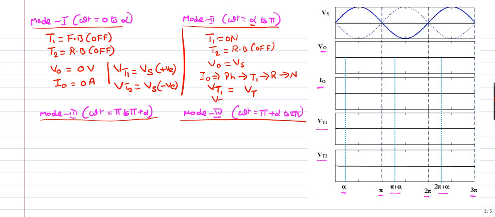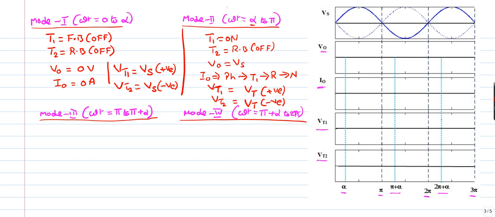What about VT2? T2 is in off state, so it should be Vs, right? But it is not Vs, because T1 and T2 are connected in parallel. So when the Thyristor 1 voltage is the on state voltage drop, Thyristor 2 voltage is also the on state voltage drop, and this will be positive and this will be negative because T2 is in reverse blocking. So this is the analysis of mode 2.